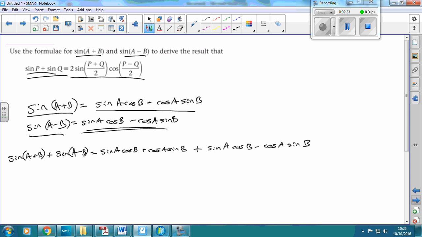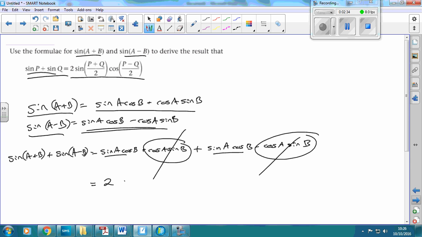Now what you notice is that we've got plus cos a sine b and minus cos a sine b, so those are just going to cancel. Then we add these two things together, and that equals 2 lots of sine a cos b. So that's sine a plus b plus sine of a minus b.